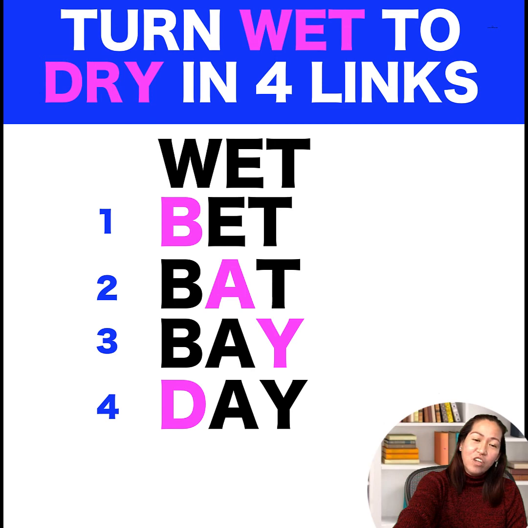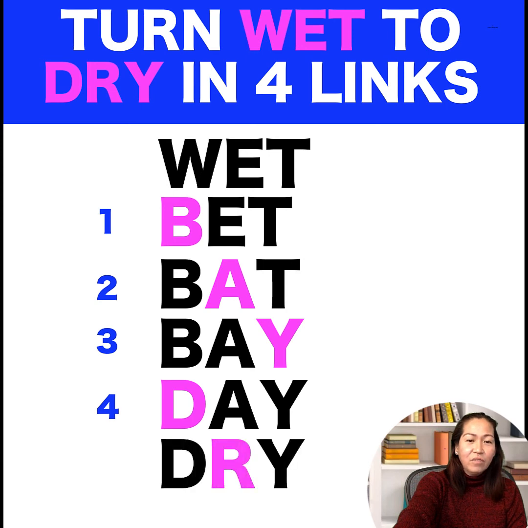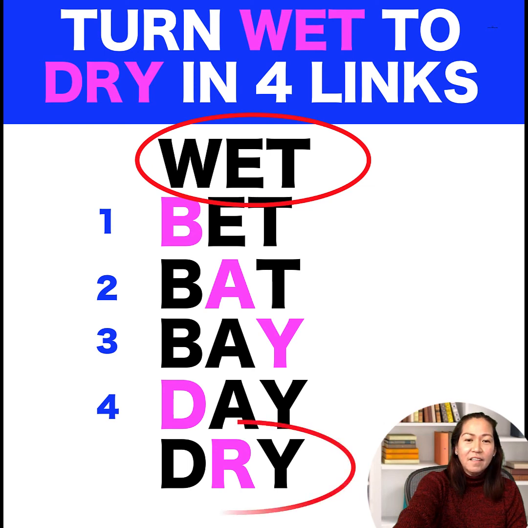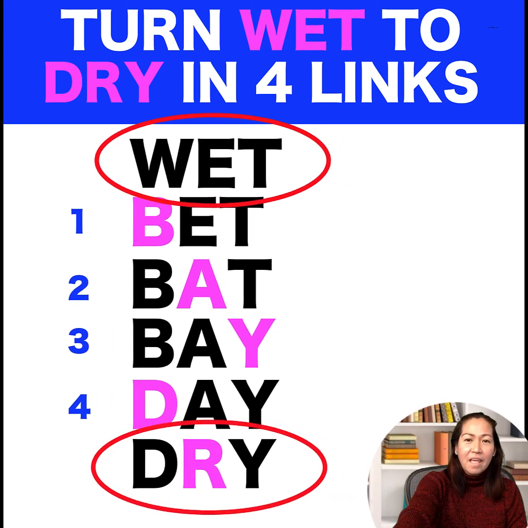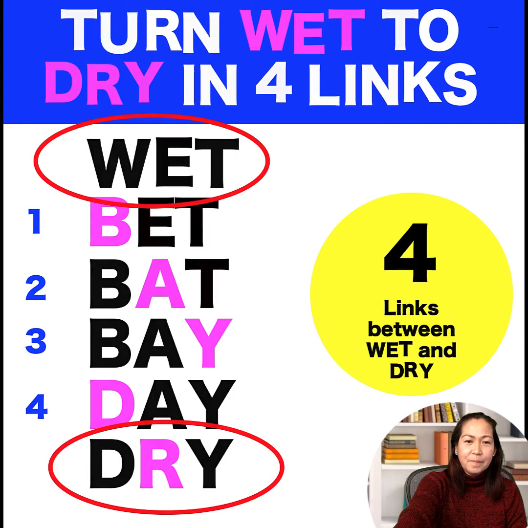And then again, we change the first letter to D. That gives us day. And we change the second letter, or the middle letter, to R. That gave us dry. So that's how we turned wet to dry in 4 links.